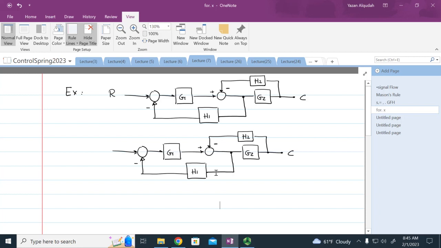I'm going to move this pickup line and make it come from here. And I have to divide by G2. Sounds good? What do we do next?